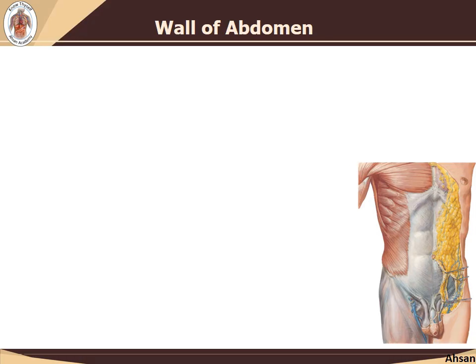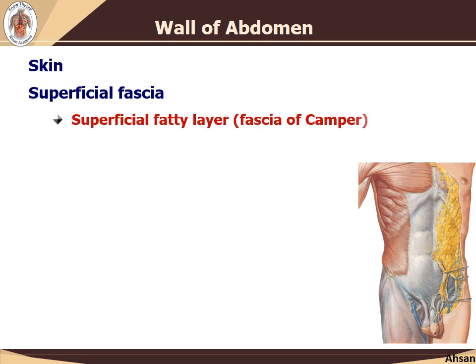How is the abdominal wall formed? We should always try in a systematic way. So outside is the skin. After that we will get the superficial fascia as usual. The superficial fascia here in the abdomen is a bit different from other regions. Here the superficial fatty layer is very thick and variable from person to person.